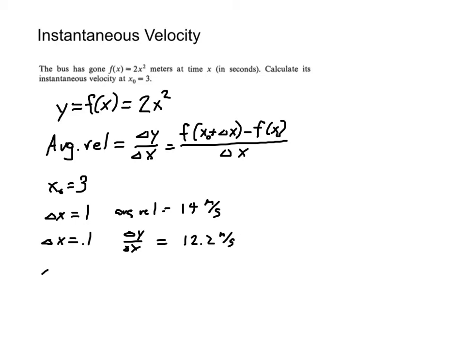Averaging it over an even shorter time interval, delta x equals 0.01, we found that delta y over delta x was equal to 12.02 meters per second. Looking just at these three examples, it appears that as we average over shorter and shorter time periods, the average velocity is getting closer and closer to 12 meters per second. Let's see if that's what's really happening.